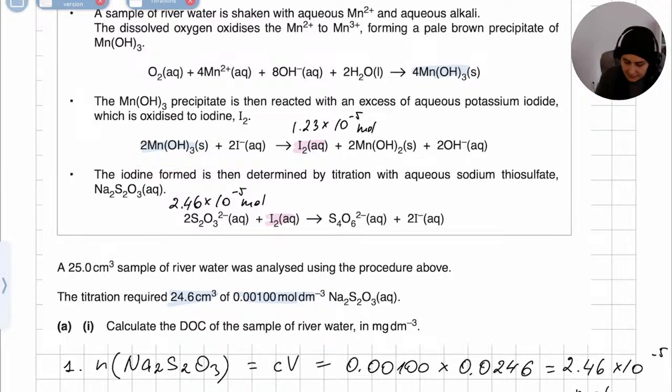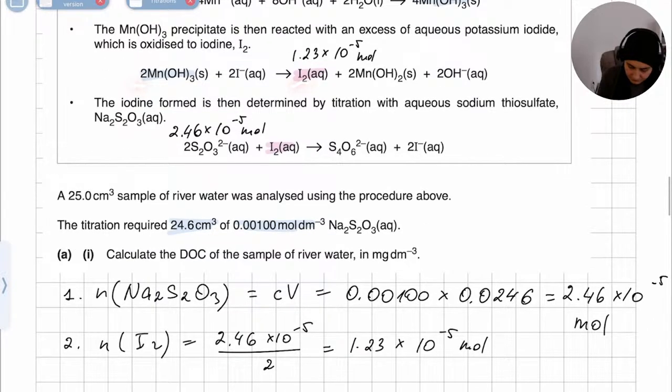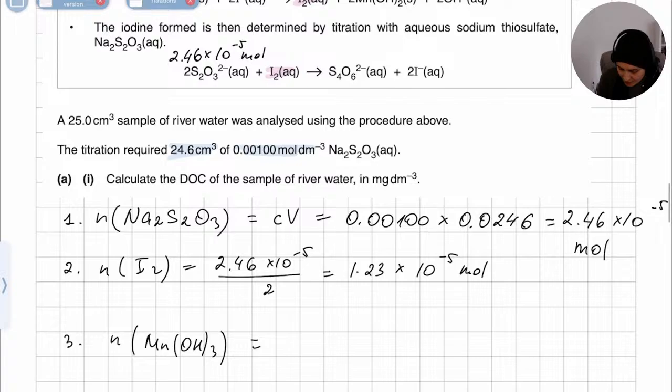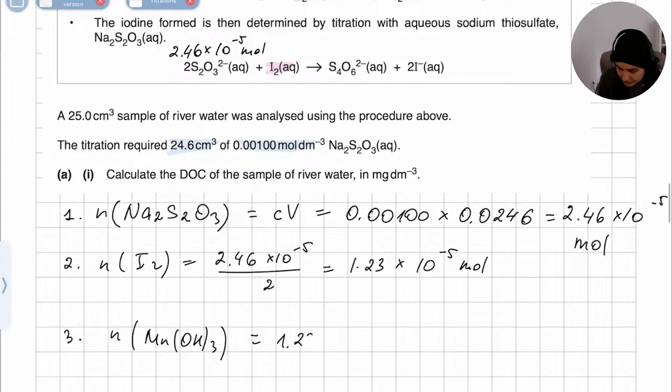Okay, so MnOH3 has the ratio of 2 to 1, so it means that it's twice more than iodine, so it's 123 times 10 to the minus 5 times 2, so again 246 times 10 to the minus 5 moles.